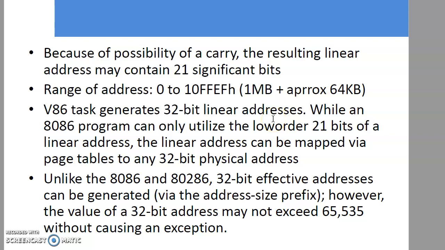The V86 mode generates a 32-bit linear address, while an 8086 program can only utilize the lower-order 21 bits of a linear address, because 8086 uses a 20-bit address. So out of the 32 bits, only 21 bits will be used for the linear address in virtual 86 mode. This linear address can be mapped via page table to any 32-bit physical address, because the 80386 physical address is 32-bit.